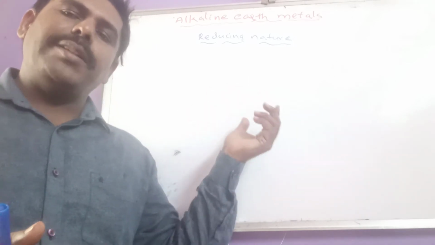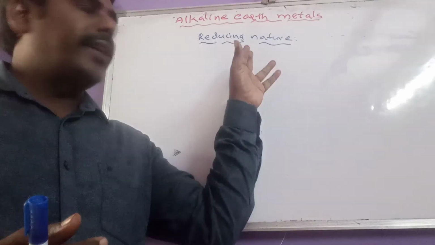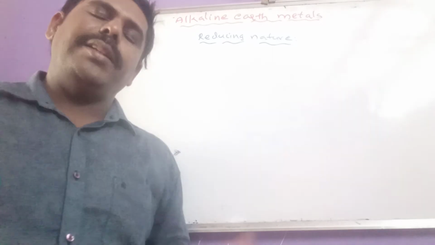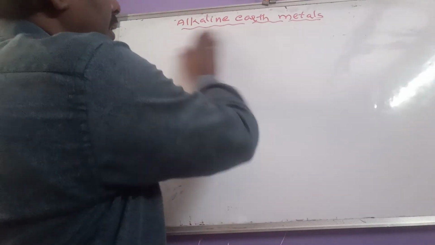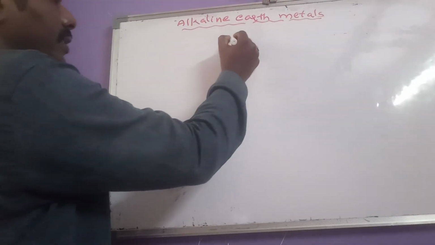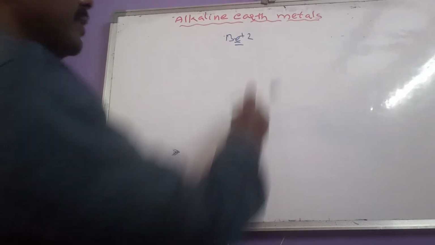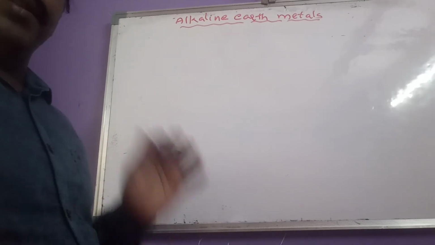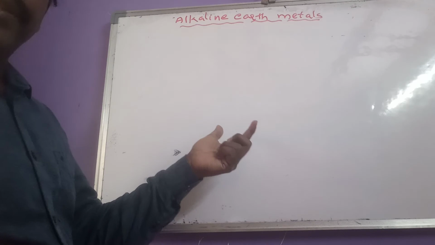So the presence of a more negative E naught value is the evidence for the reducing capacity of alkaline earth metals. Okay, this is regarding reducing nature. And beryllium has the highest reducing power among alkaline earth metals. Okay, this is regarding reducing nature.